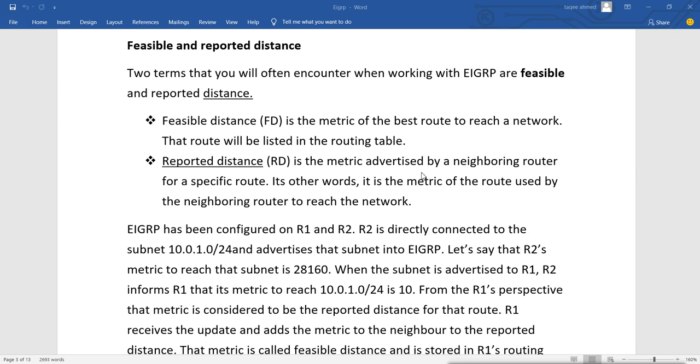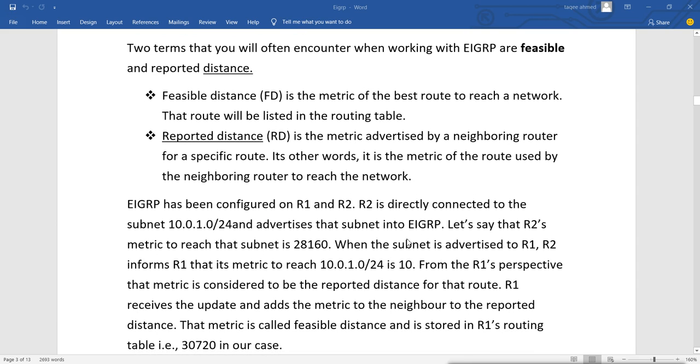For example, EIGRP has been configured on router 1 and router 2. Router 2 is directly connected to the subnet 10 and advertises the subnet into EIGRP. Now let's say router 2's metric to reach that subnet is 28160. When the subnet is advertised to router 1, router 2 informs router 1 of its metric to reach this network.